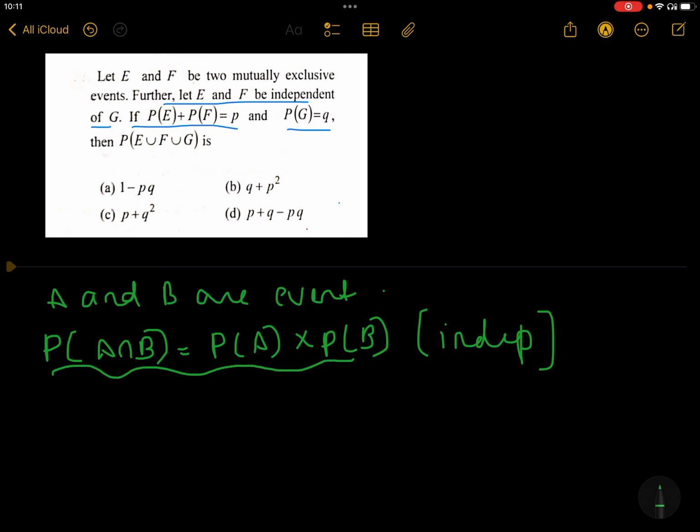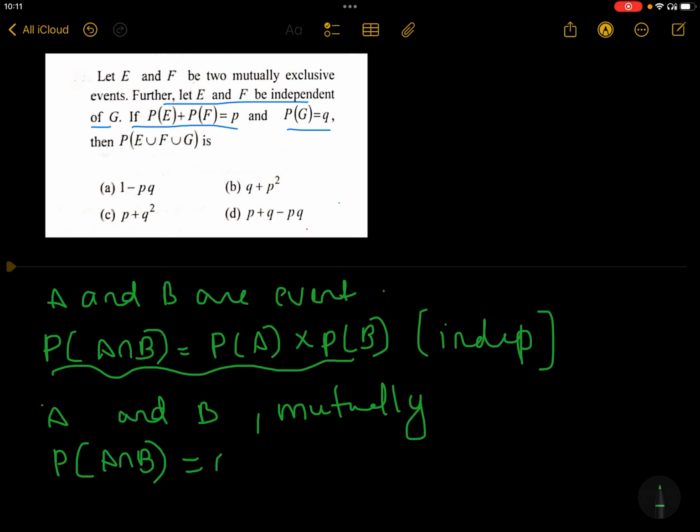Then A and B are said to be mutually exclusive if the probability of A intersection B is equal to 0, or A intersection B is equal to the null set. That means A and B cannot occur together.